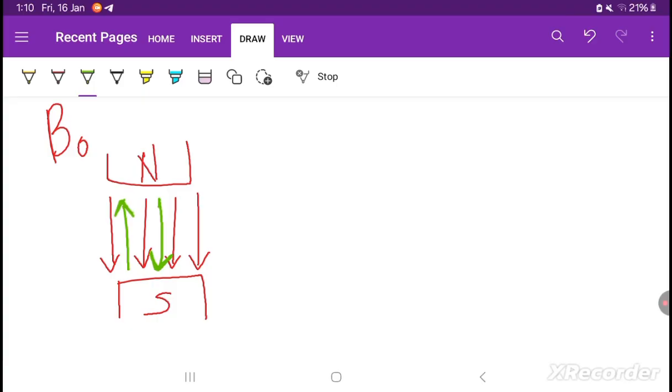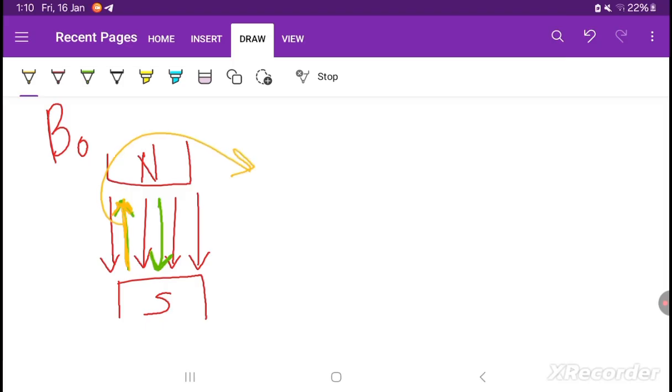In both cases there are some terms used. Let's mark the against one in another color. So what does this mean?